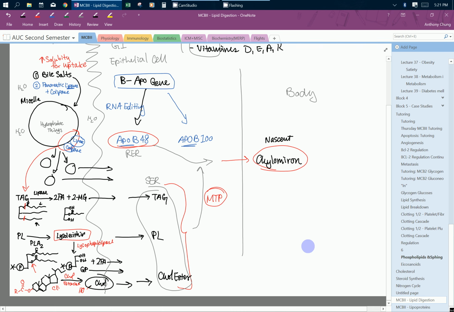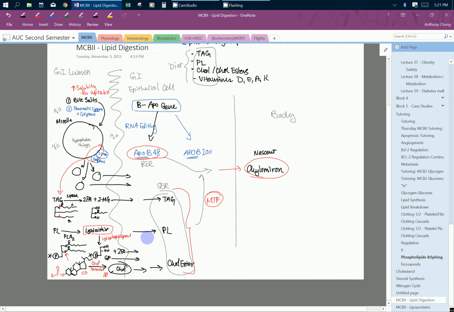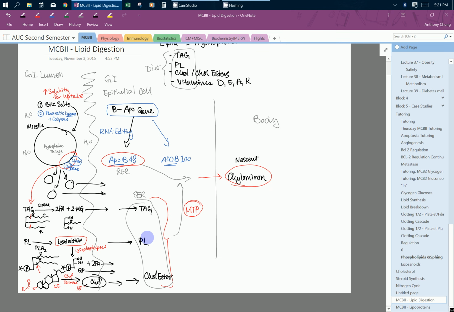So what I want you to take away from this whole thing is what's occurring in the GI lumen. All of this can be summarized by what you're doing there, which is increasing the solubility just enough to take up all these lipid-soluble food molecules.